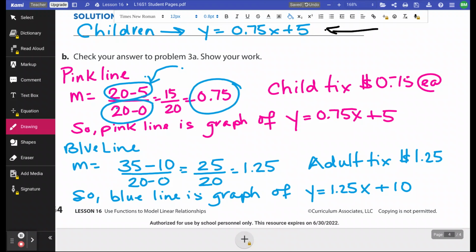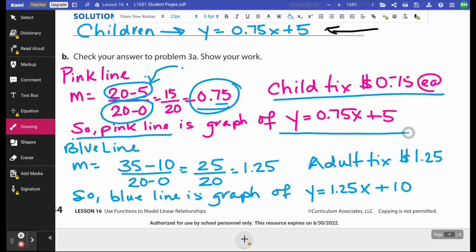So here's our rate of change. Our slope is our rate of change. That's 0.75. Well, we know child tickets are 75 cents each. So the pink line is the total cost of the child tickets, and this is the graph of y = 0.75x + 5.